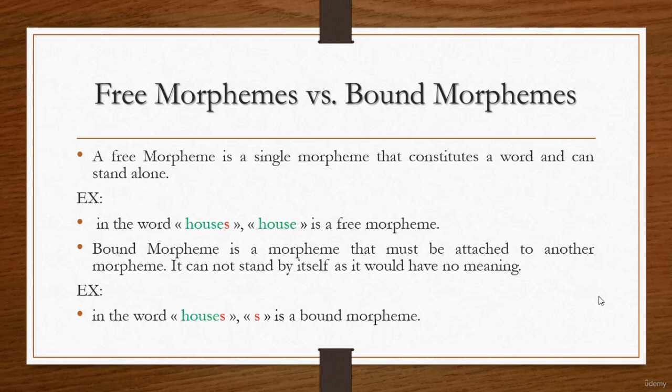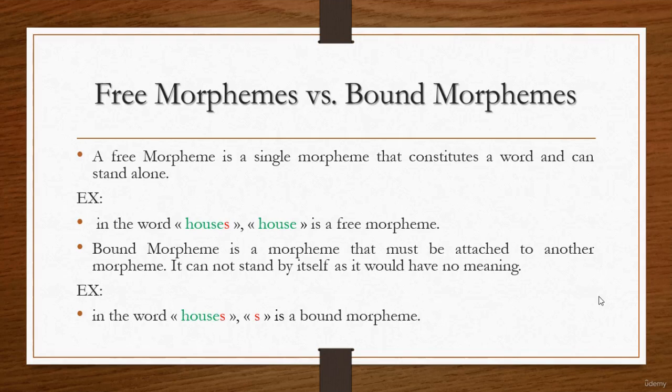A free morpheme is a single morpheme that constitutes a word and can stand alone. So the key difference here is that it can stand alone. Free morphemes can make meaning by themselves. For example, in the word house, house is a free morpheme, and the plural of house is houses.